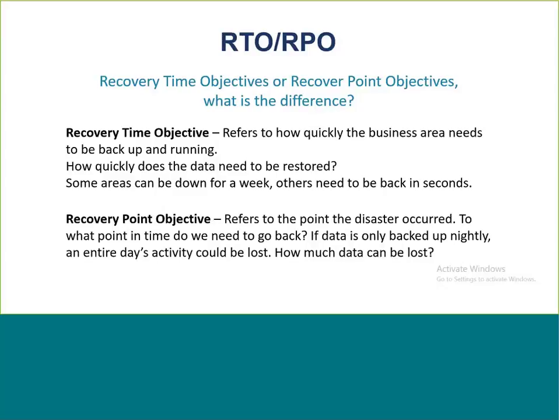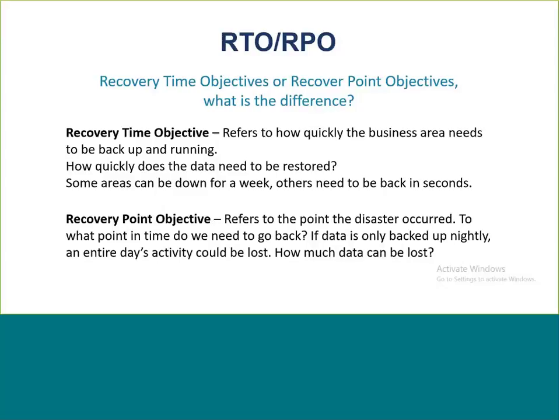If you can lose a day's worth, then that's fine. 2 days' worth, but I would say most people aren't going to be happy about losing a day's worth of data. So to what point in time do we need to go back? That's the thing. Does your plan consider when the disaster occurred to understand how to recover?